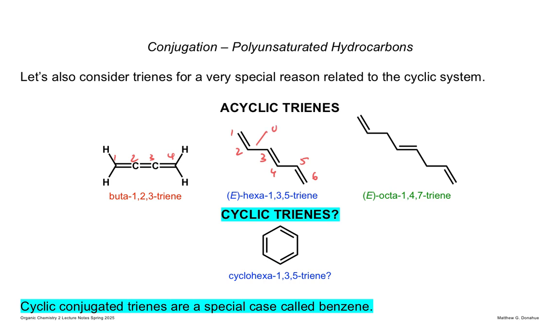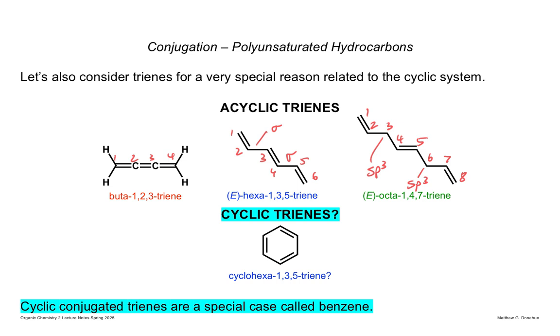Again, note the sigma, sigma separation. And then the isolated system, we have 1, 2, 3, 4, 5, 6, 7, 8, so a total of 8 carbons, but 3 and 6 are sp3 hybridized carbons, so that's isolated.